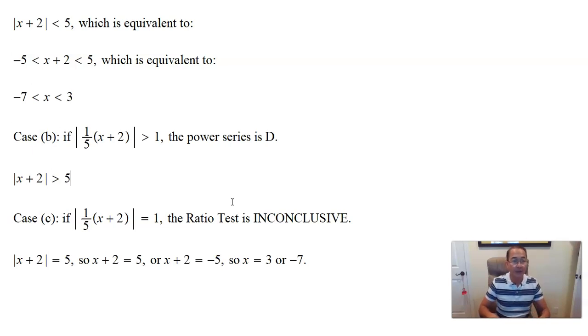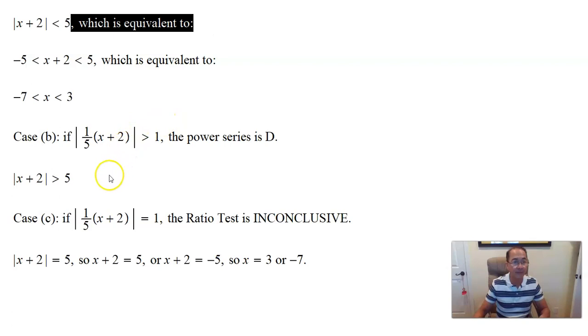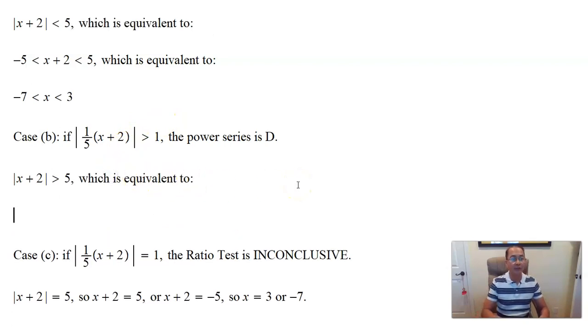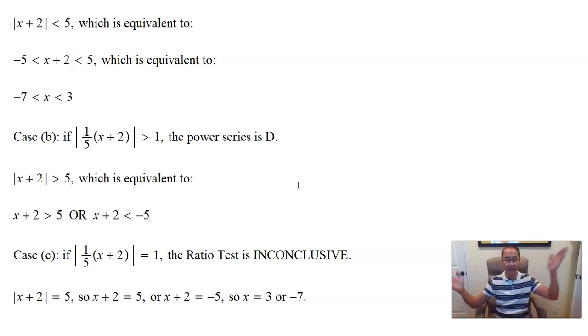Okay? Which is equivalent to, why don't I just copy this? Which is equivalent to x plus 2 greater than 5, or x plus 2 is less than negative 5. You should be to the right of 5 or to the left of minus 5, not in between. Ooh, when did in between happen?